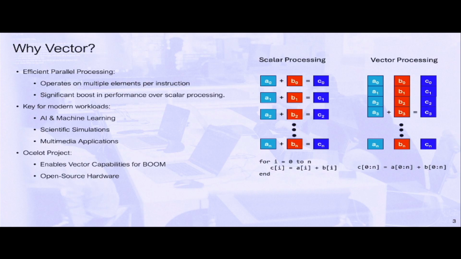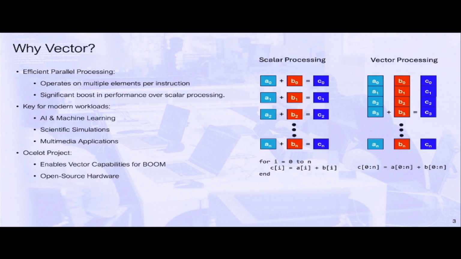This is crucial for modern workloads such as AI, machine learning, scientific simulations, and multimedia applications, where data parallelism is key to high performance. By integrating vector support into BOOM, we are enabling it to tackle these data parallel workloads head-on.